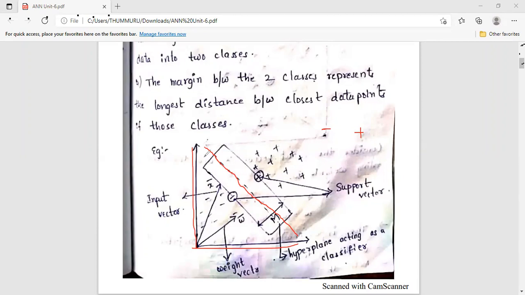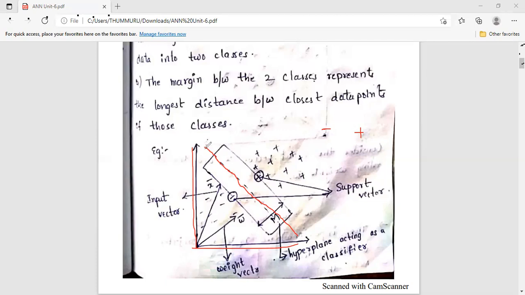And if you see this diagram, this kind of hyperplane can be used in single layer perceptron as well as in RBF networks also.